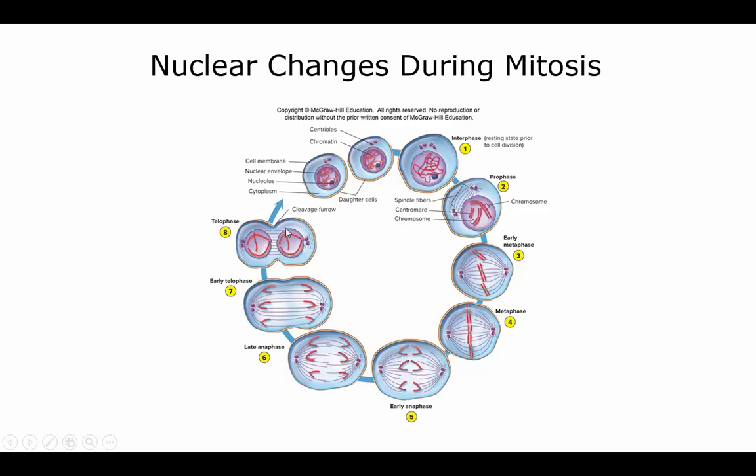The nucleus and nucleolus, nuclear membrane, are reforming, and the chromosomes will thin back out and make chromatin, so you're left with 2 new cells. So you might need to go back and review mitosis if you're not familiar with it.